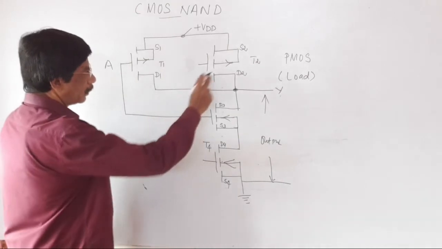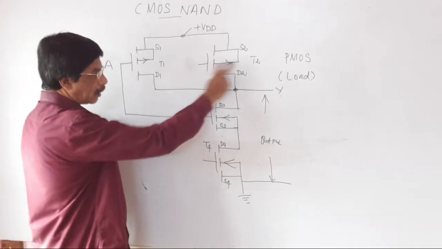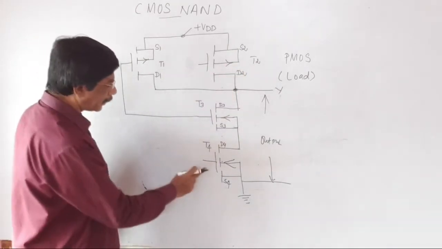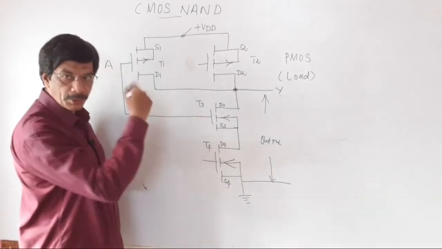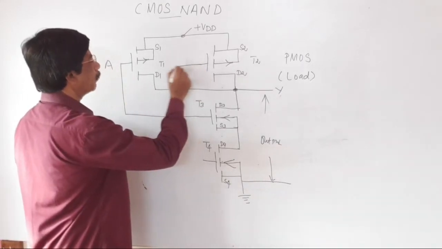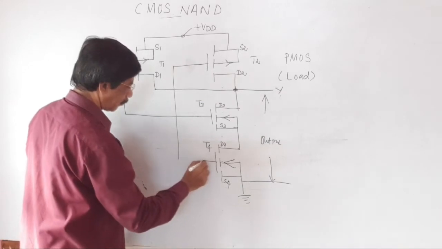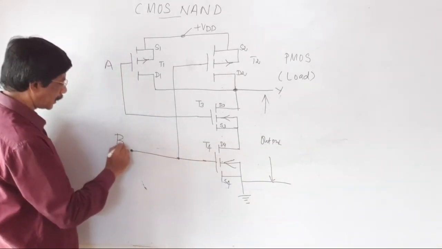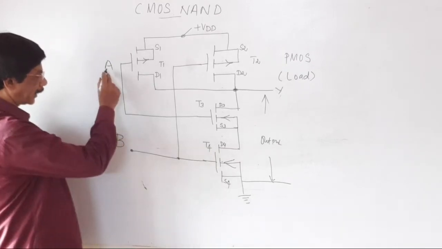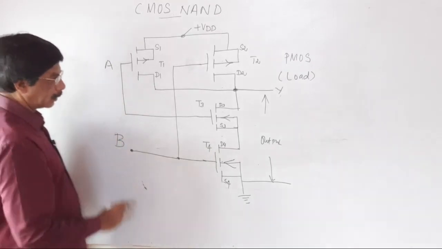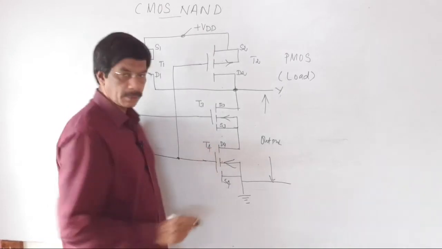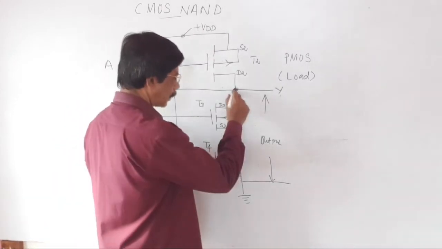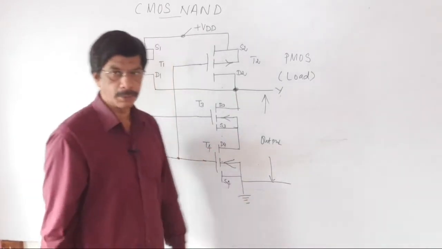Similarly, the gate terminal of transistor T2 and the gate terminal of transistor T4 are both interconnected. Through this you take one terminal, this terminal is capital B. The inputs are capital A and capital B. The output is measured between the terminal capital Y with respect to ground.